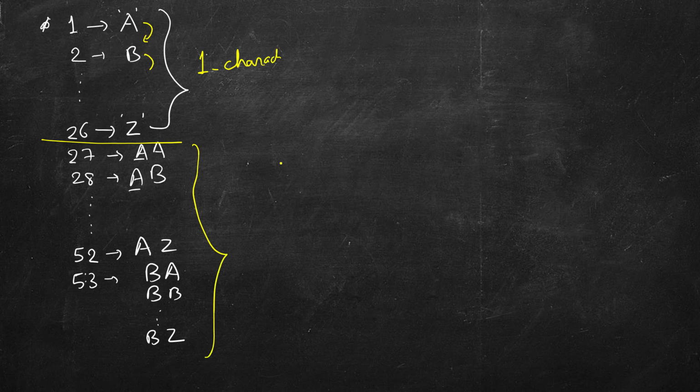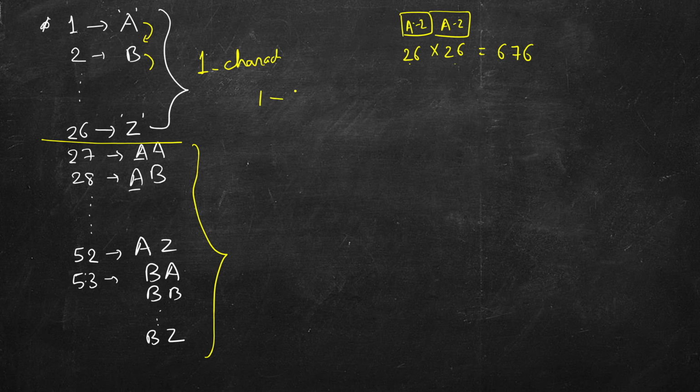How many possibilities are there for 2 characters? If we have 2 places to fill, the first can take any of 26 values, A to Z. Similarly, the second can also take A to Z. So in total there are 26 cross 26, that is 676 possible column names with 2 characters, and there are another 26 for one character.